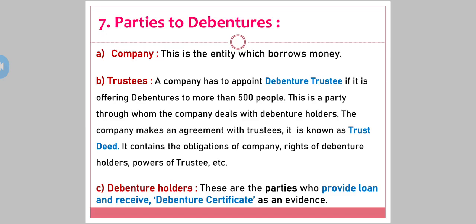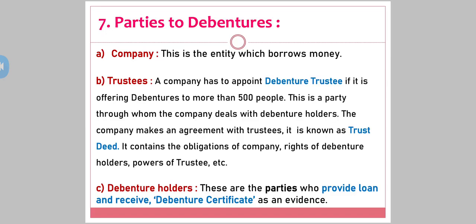See, a company has to appoint a debenture trustee if it is offering debentures to more than 500 people. If the investors in the debenture exceed 500, compulsorily the company has to appoint a debenture trustee.